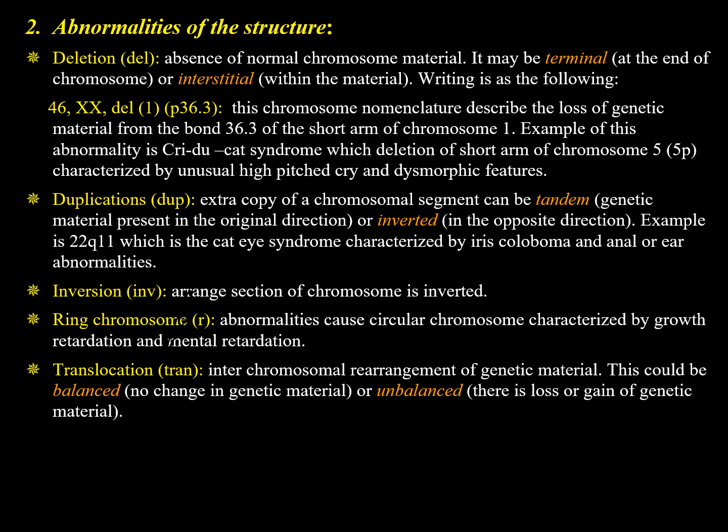Some mothers of a Down syndrome baby, who is young, have an abnormal genetic study, abnormal chromosomes in the form of a translocation. She is completely normal morphologically. Or imbalanced, when there is loss or gain of genetic material.